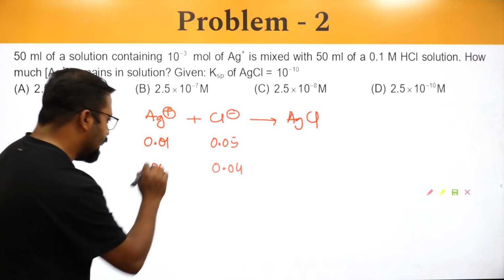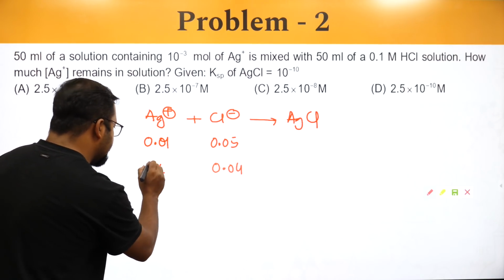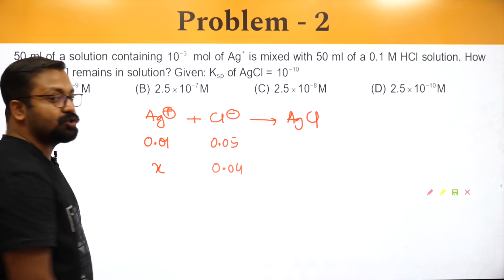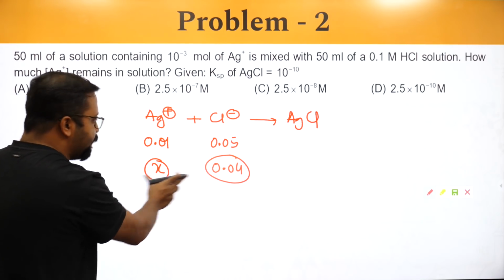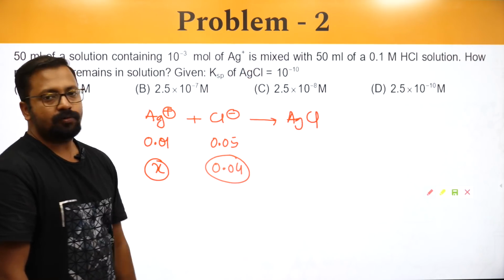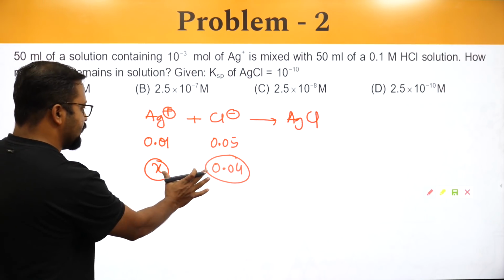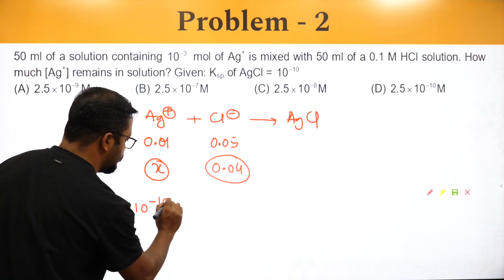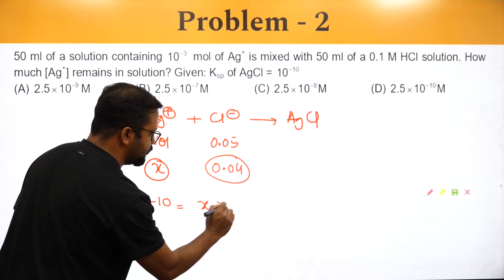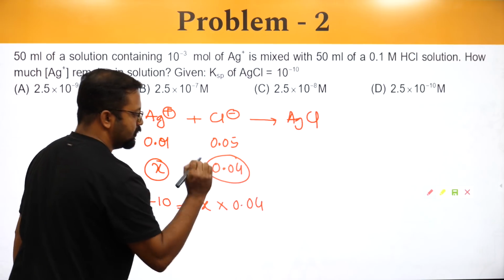ठीक है? अब आपने ये जो entities present हैं solution में, this is what is present in the solution. The ionic product of this should be equal to Ksp. So 10 raised to minus 10 should be equal to X times 0.04.